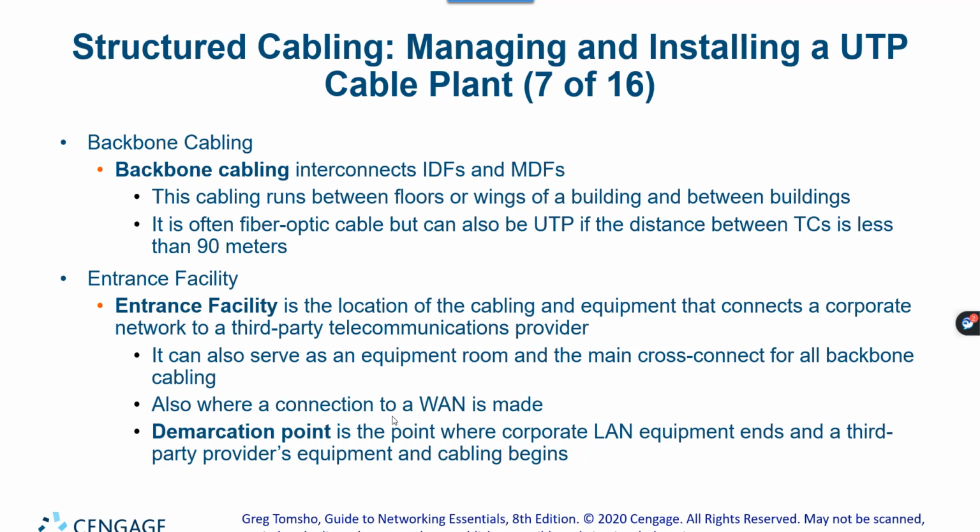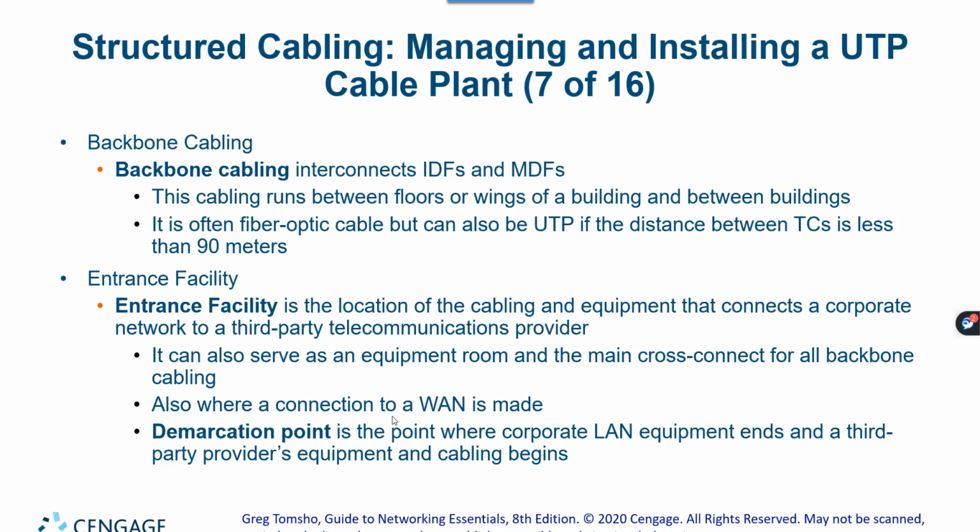So the data that's flowing into our intermediate distribution frames is going to give us a certain amount of traffic, and since we're adding all that traffic together, we need a bigger pipe. So typically we're going to use fiber optic cable that can handle more bandwidth.